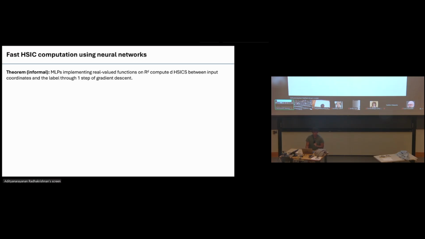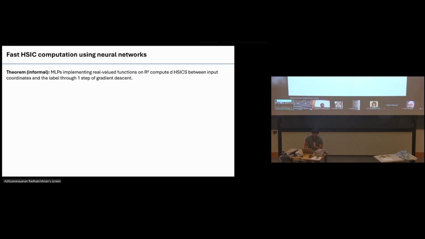This is where the advantage of neural networks comes in. You could do the obvious thing: you have a countably infinite set of transformations, and you just do an approximation. This gets you linear time for computation, but the tricky thing is that you still have to do for loops across pairs. If you have many, many pairs of variables, you have to do for loops across all pairs if you want to check for dependence across all of them.